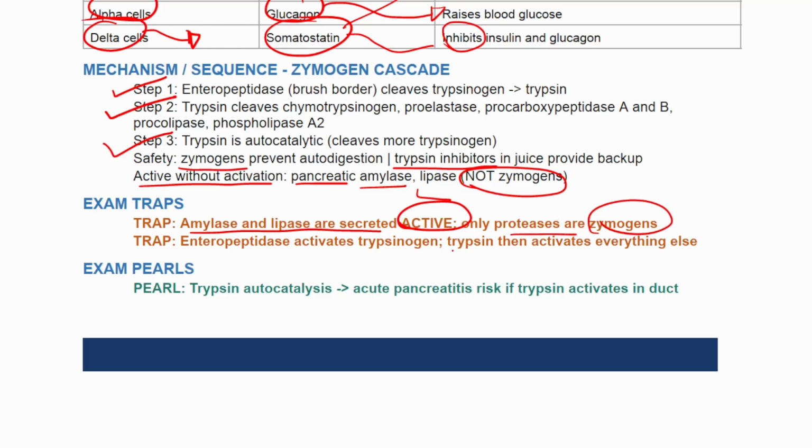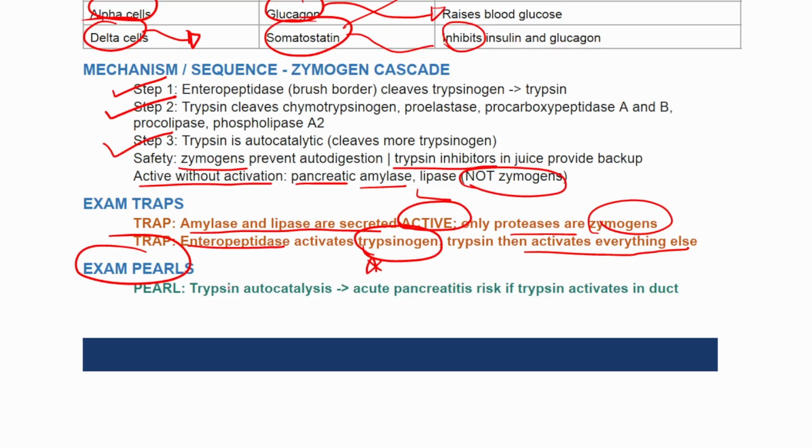And watch out for questions that state enteropeptidase directly activates procarboxypeptidase or proelastase. The explicit trap is that enteropeptidase activates trypsinogen only, and it is trypsin that then activates all other proteases in the duodenal lumen. Let's wrap up by strengthening the absolute highest yield exam pearls you must memorize for your exams.